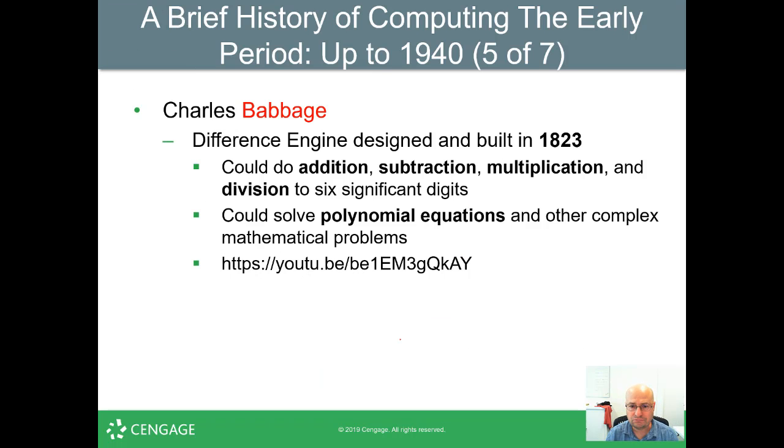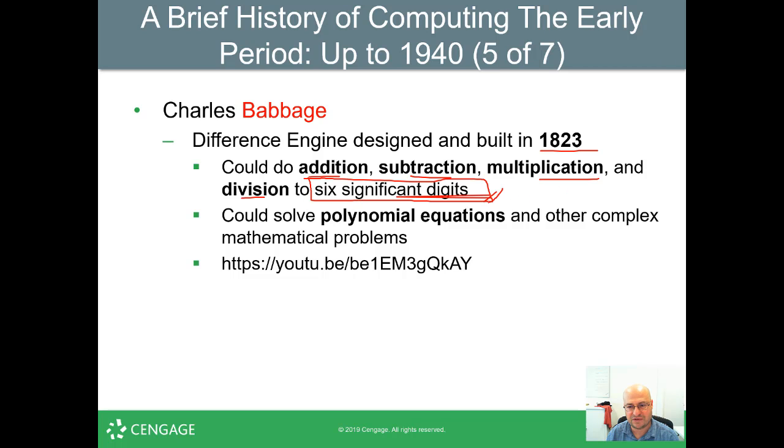All right. And also, in any introduction to computing, we have to talk about Charles Babbage. Charles Babbage designed what's called the difference engine, and he designed and built it in 1823. This engine could do addition, subtraction, multiplication, and division up to 6 significant digits.